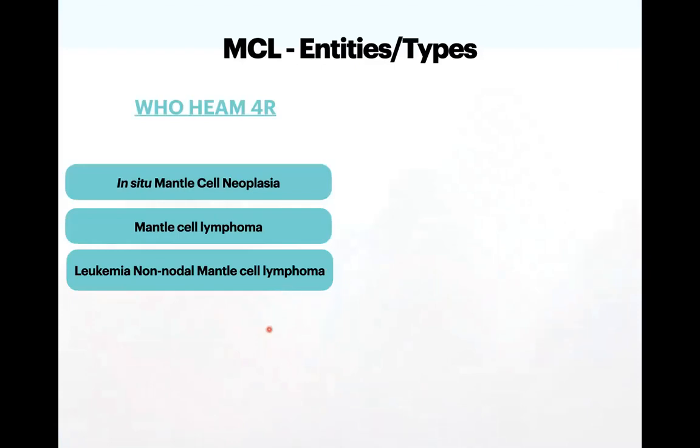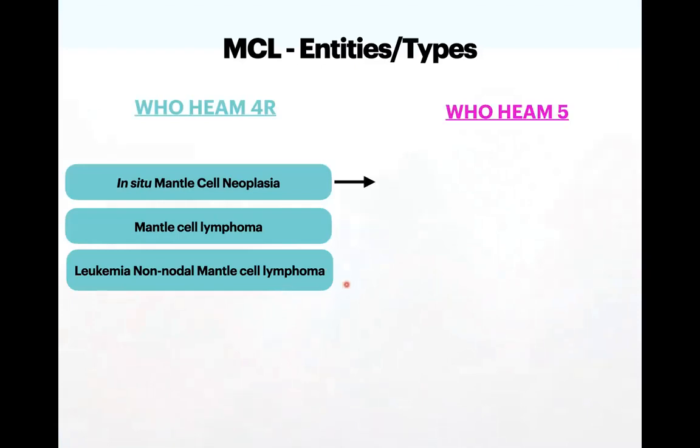Coming to the next entity, that is mantle cell lymphoma. These entities, these subtypes, mostly remain the same, but the risk stratification is improved now. So the types in the fourth revised edition were in situ mantle cell neoplasia, mantle cell lymphoma, and leukemic non-nodal mantle cell lymphoma.